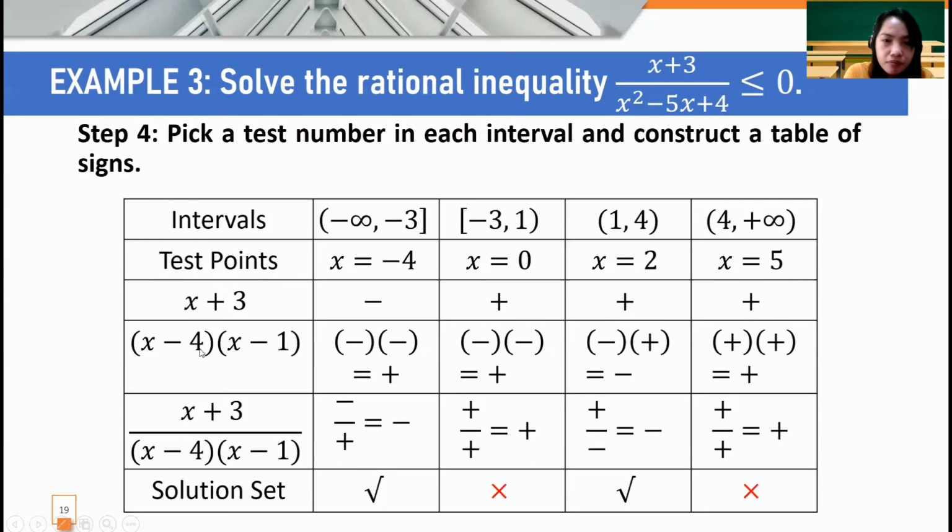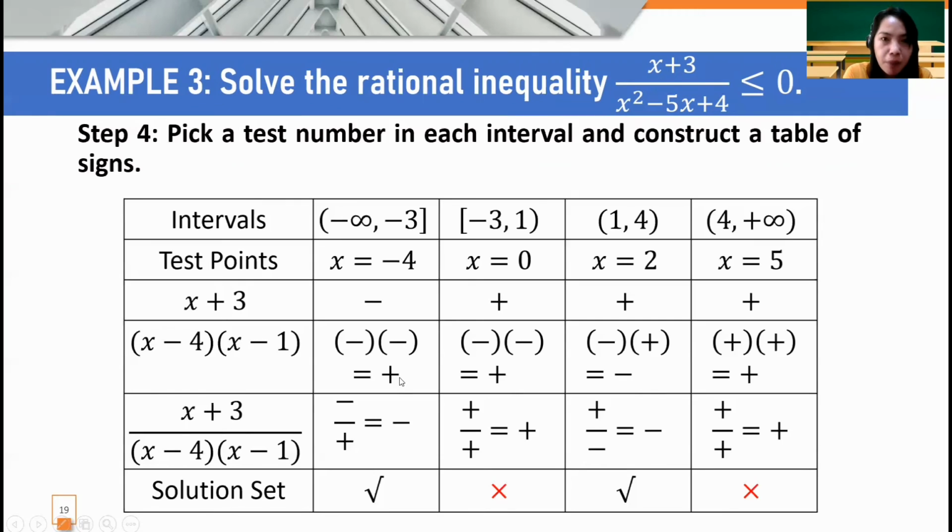Next, we have negative 4 minus 4. That is negative 8. So negative. Negative 4 minus 1, that is negative. Negative times negative because we have to follow the format here. So multiplication yan.